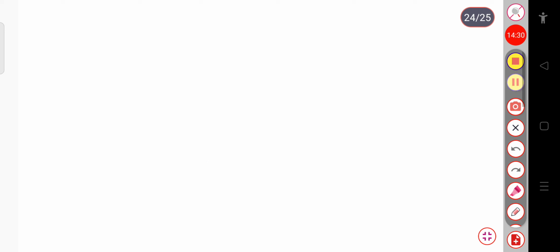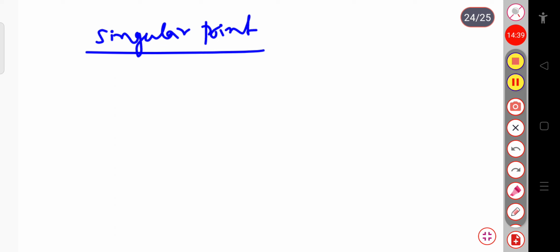Now let us discuss the singular point. A point is called singular when the function is not analytic there. In simple words, when the function is not analytic in nature, that point is called a singular point.